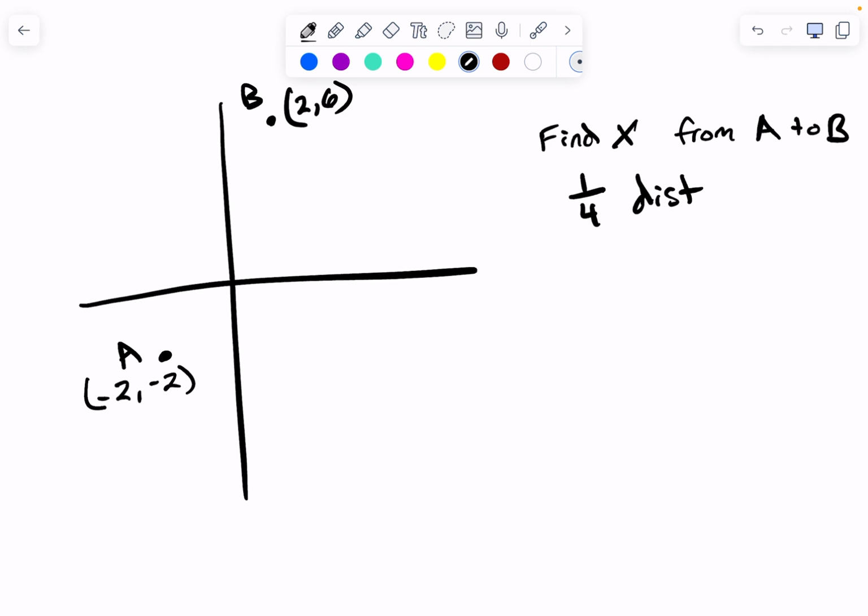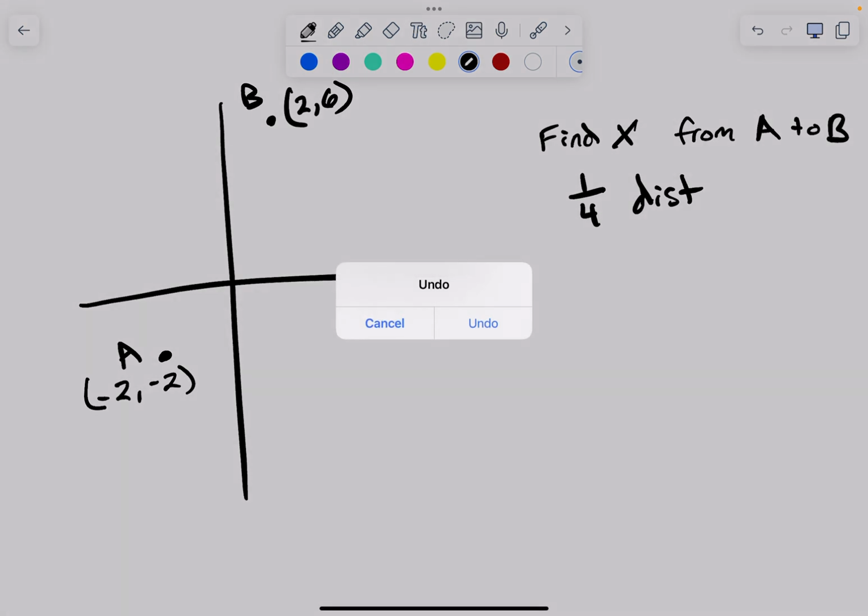Is it A? No. What are we all doing wrong? What's the square root of 80? Wait, you have to go 1 unit this way and 2 units that way from where?